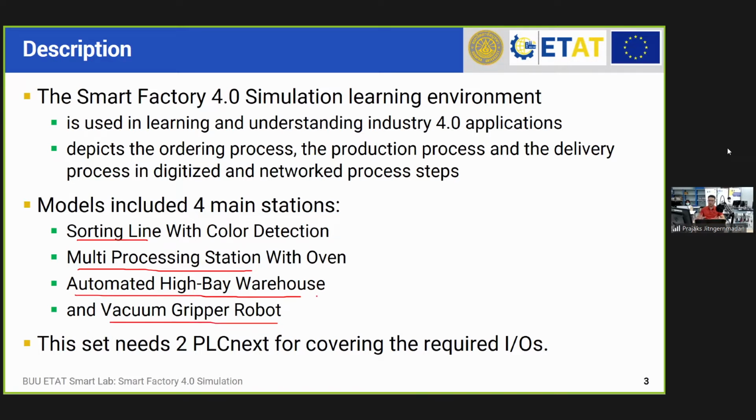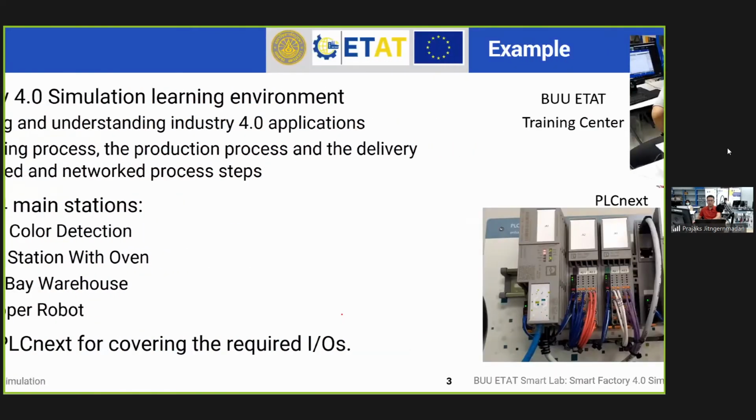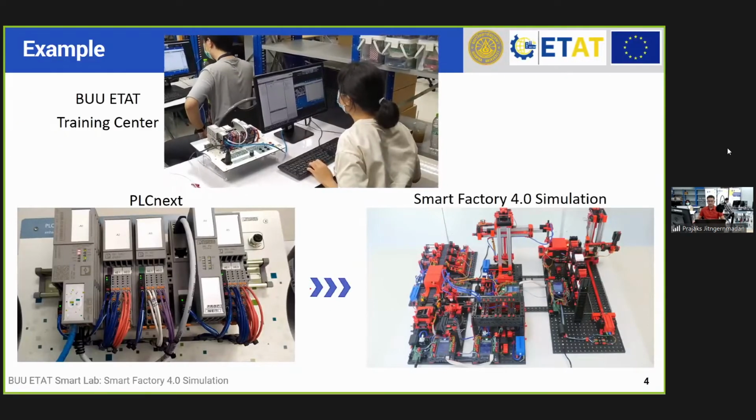It picks up workpieces from the warehouse and puts them through different stations until it finishes. With this simulation, we need two PLC Next for the I/O control. That is our aim.